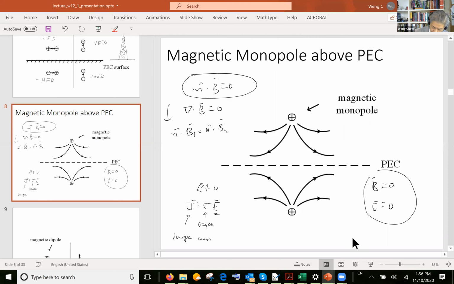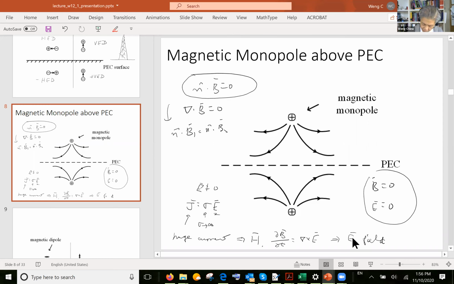There will be huge current flowing, and the huge current will produce a very strong magnetic field. And then the dB/dt equal to the curl of E will produce a very strong E field. So this would be an escalating effect if E is not 0, in the sense that the E field gets bigger.